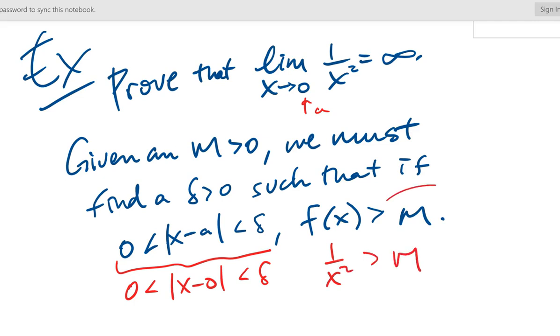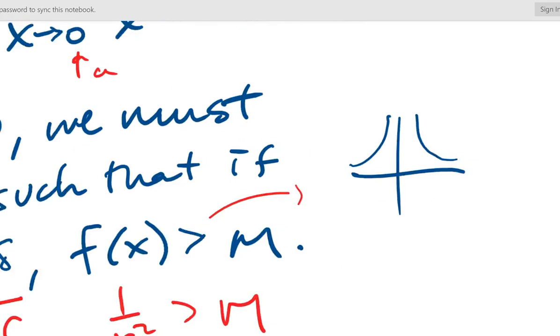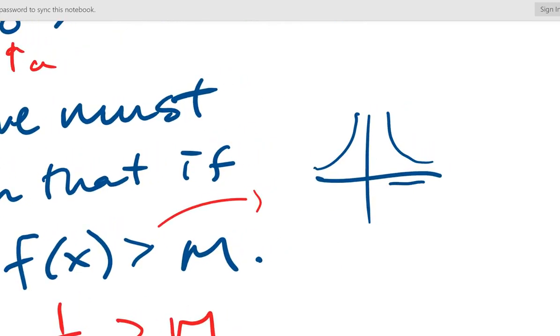Okay, let me clarify this for you. So the deal is we're looking at 1 over x squared, which looks like this. And we're determining that as x is marching towards 0, the limit is infinity. So this is going off to infinity.